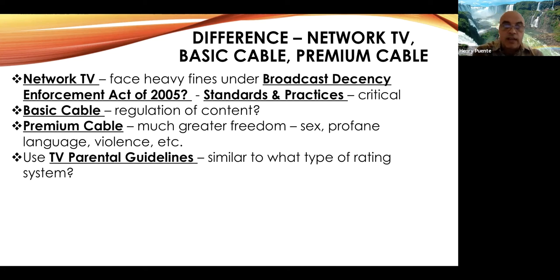FCC, but more specifically, they have to deal with this Broadcast Decency Enforcement Act of 2005. Who was the president in 2005? That was George Bush, the second Bush.